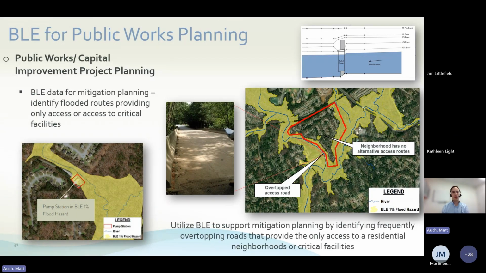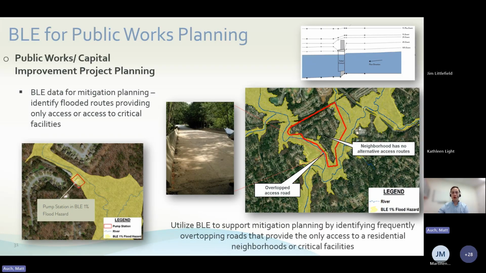So, not only can you look at where you have critical assets like police stations or hospitals or schools that are in a floodplain, you can also look at access to those areas, so that the roads that you need to be open to get in or out of a facility remain clear during a flood.